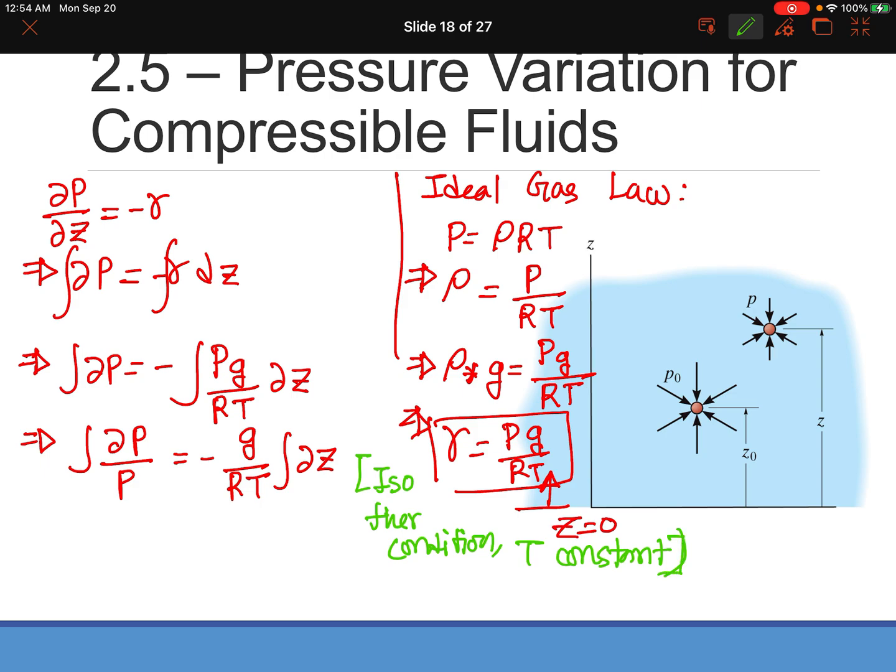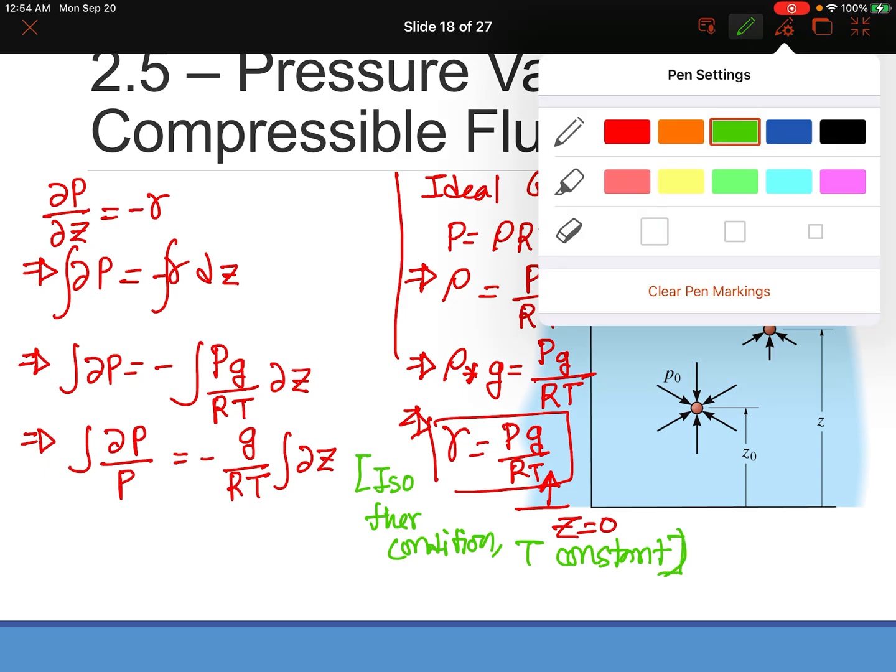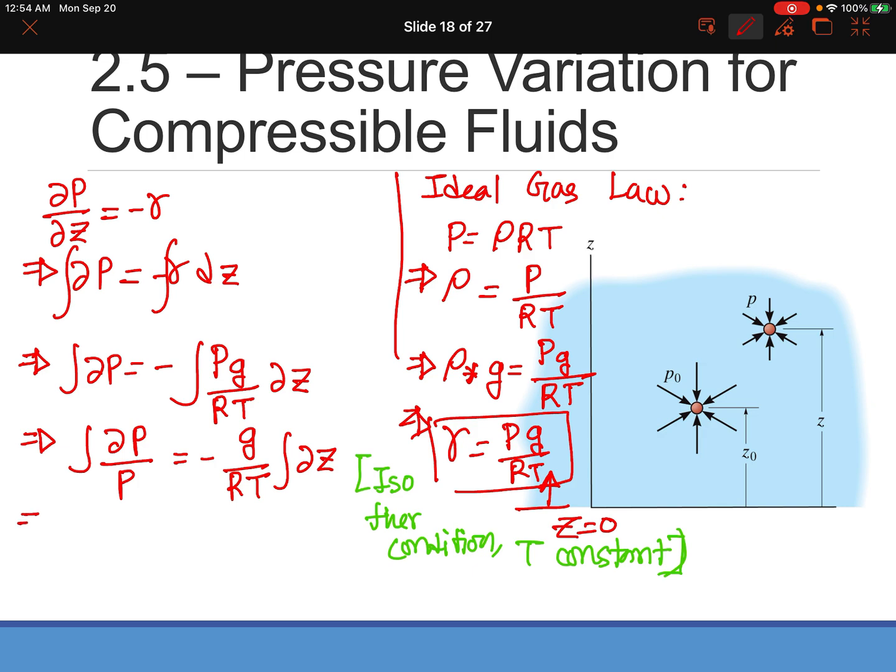Then we need the limits. Here the limit can be what?